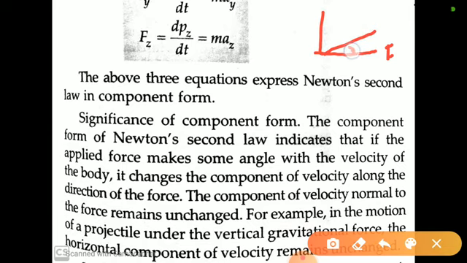You have to find the acceleration along the direction of force. You can resolve this velocity into two components, v sin theta along the y-axis and v cos theta along the x-axis. This resolution helps you find the component of velocity along the direction of force.